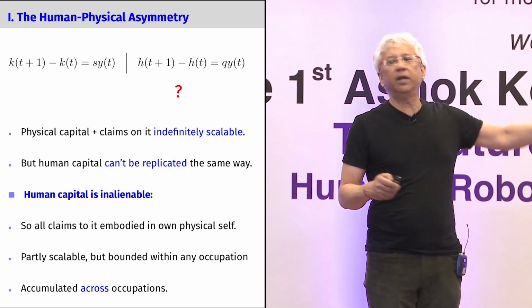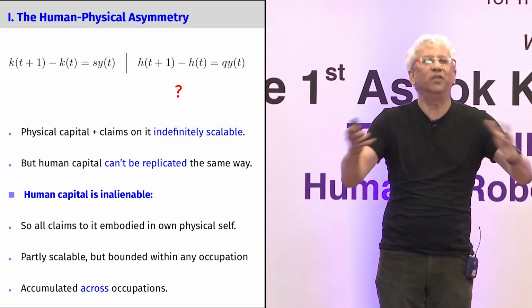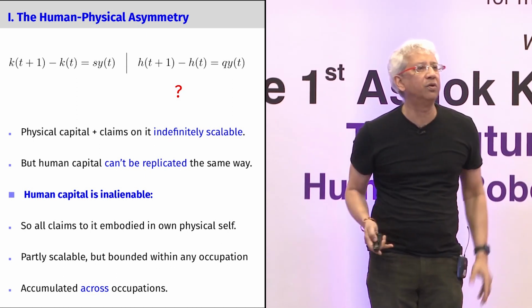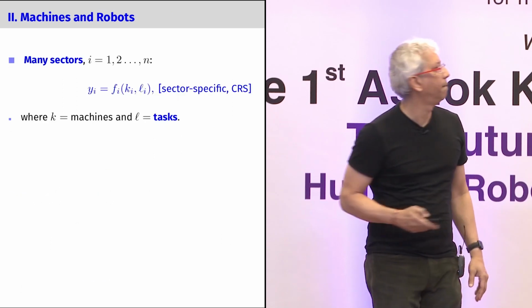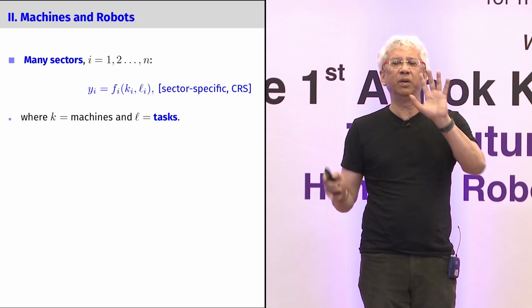So the last line of this slide is the most important, which says that human capital to a first order is accumulated as we move across different occupations in the world. You might think, what has that to do with the price of milk? I'll come back to it, but just hold off on that.